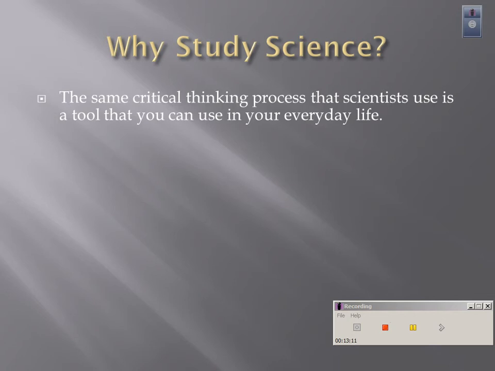Who in here has had a peanut butter and jelly sandwich? I have one right here. It's in my lunch. Okay? It took me, well, maybe not 33 years, because that's how old I am. It probably took me maybe a good year where I learned how to make the perfect peanut butter and jelly sandwich, right?